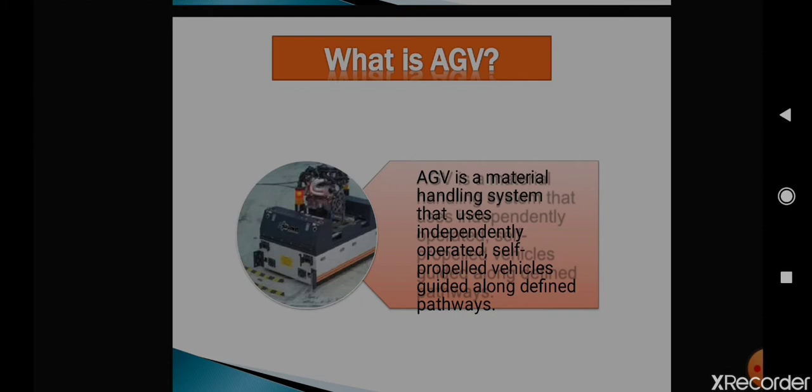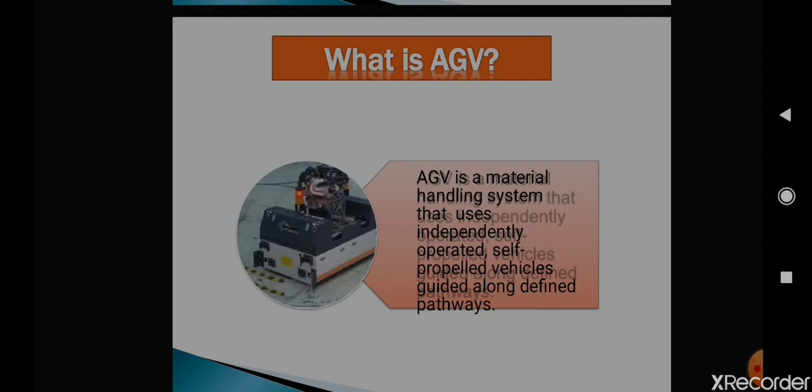The vehicle will move on its own, and the direction will be given by various methods. Those are called the vehicle guidance methods. There are three methods which we'll see later.